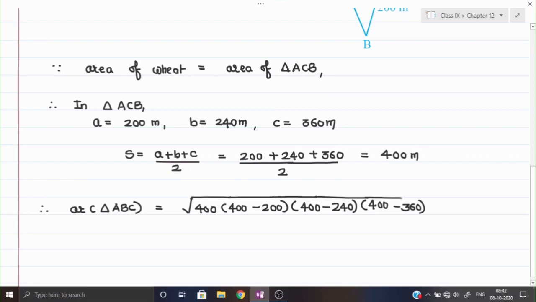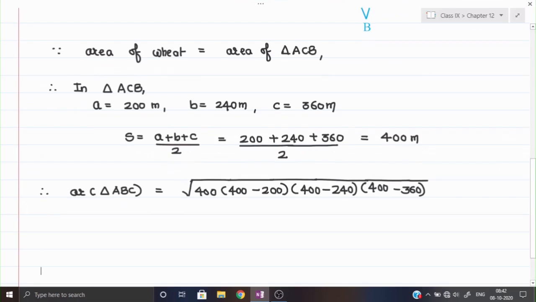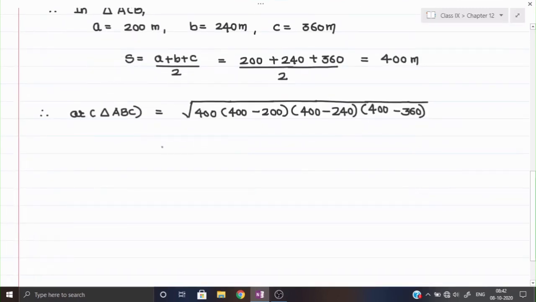Now let us subtract. 400 I am keeping as it is right now, or 400 you can write as 20 into 20, because if you multiply 20 with 20, the same value will be obtained. Then 200 is coming, so this one I am keeping as it is. 400 minus 240 will come 160. And 400 minus 360, that will remain 40.